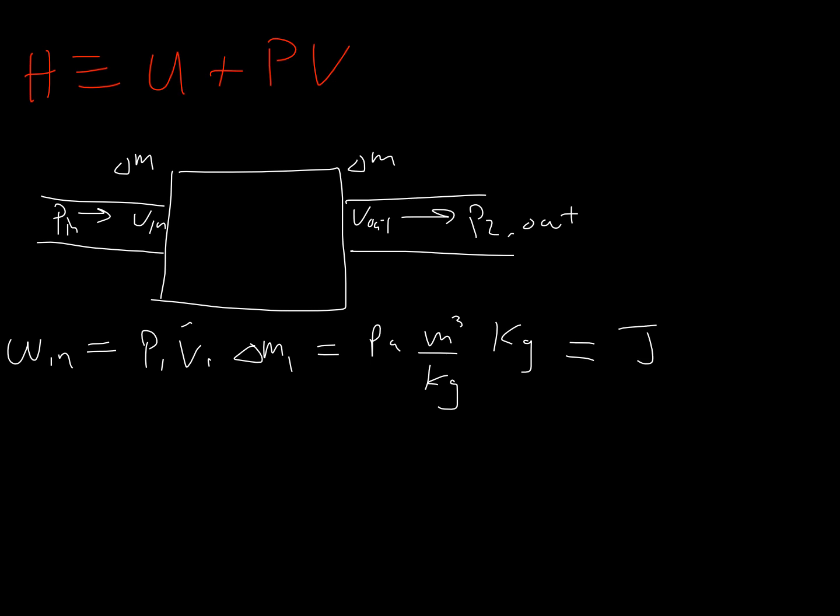It is energy. So P times V is units of energy. By pushing with a pressure in, a unit of volume, you're squeezing energy into the system. And then the work out is minus P2 V hat 2 delta M2.